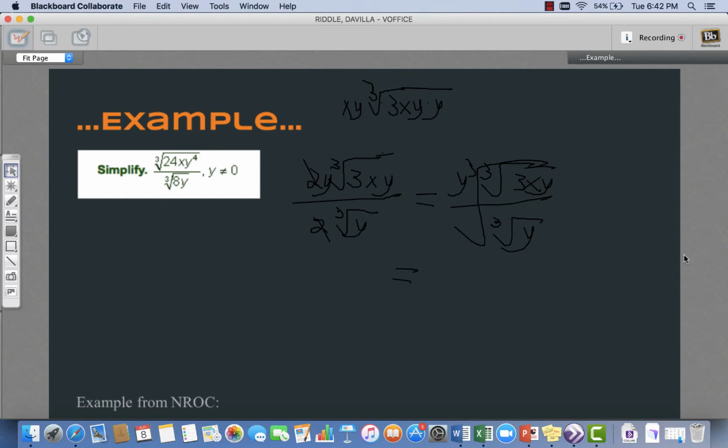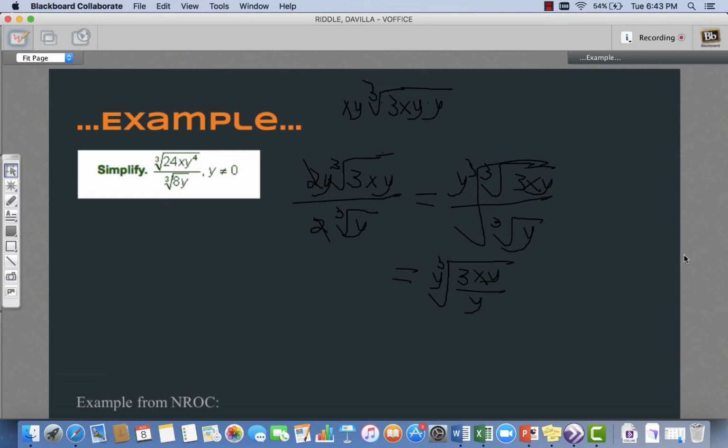So what would happen is this. We have the y still on the outside, right? But now we have this big cube root, which engulfs the top and the bottom that was inside it. On the top, we have the 3xy, and on the bottom, we have the y.